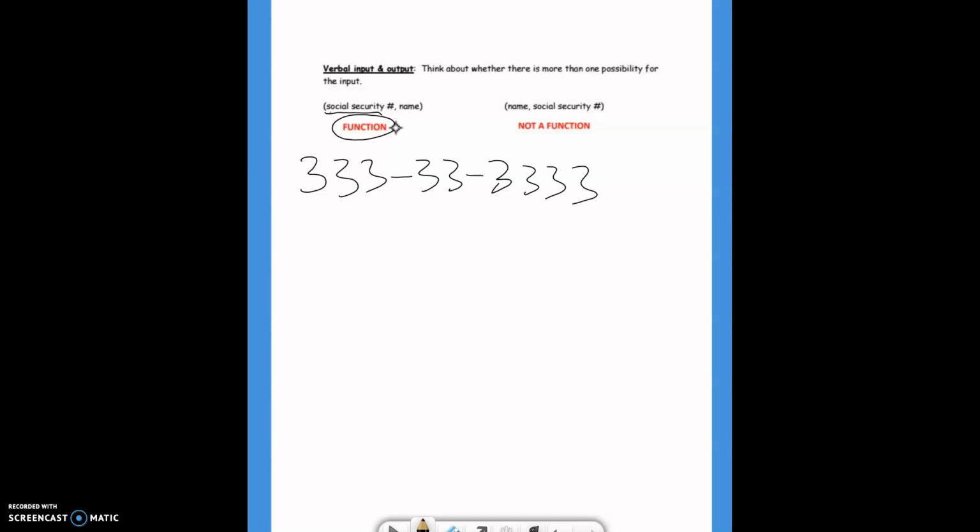But if you look at it backwards now, name, let's take a common name like John Smith. All right. Well, John Smith could have one Social Security number, but there also could be another John Smith, right?